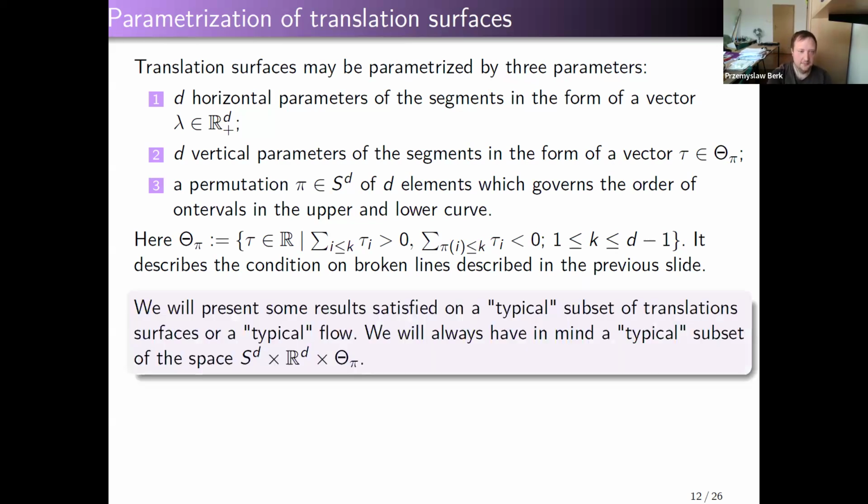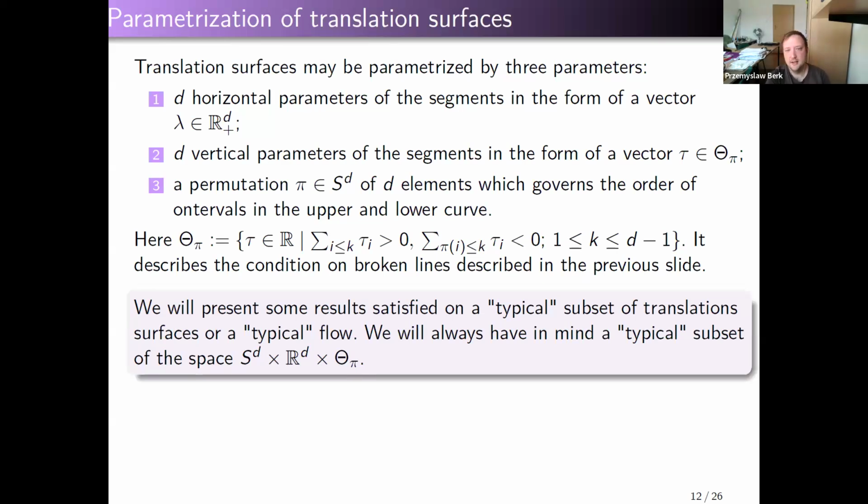So we have a set of permutations, which is finite, so it's some discrete set of points, and we have d-dimensional subsets of Euclidean space.